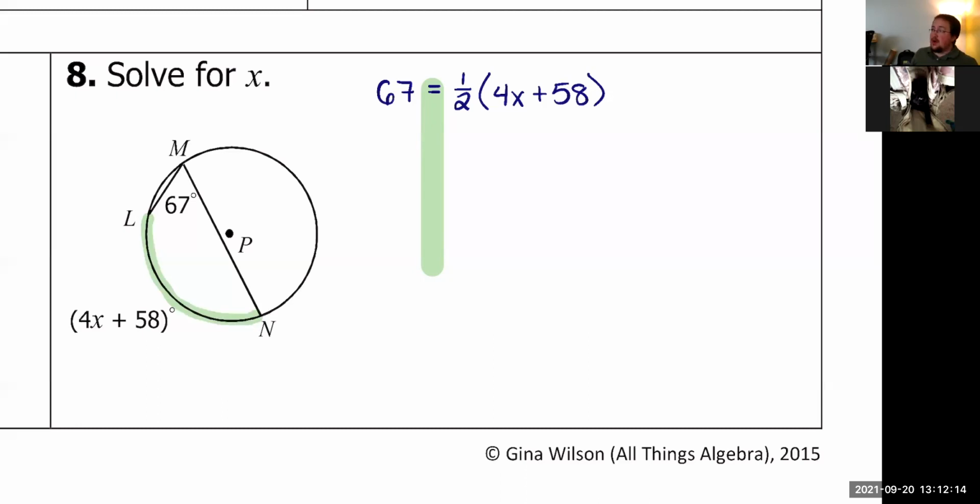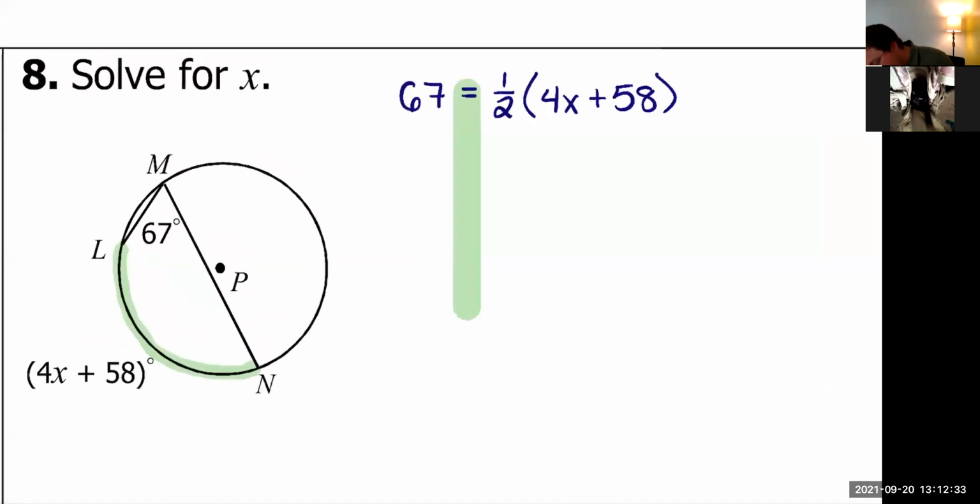If they were odd or anything crazy like that, I could multiply both sides by 2, which would get that fraction of 1/2 out of the situation. It's up to you. Would you like to multiply both sides by 2, or would you like to distribute the 1/2? Multiply by 2. Okay.